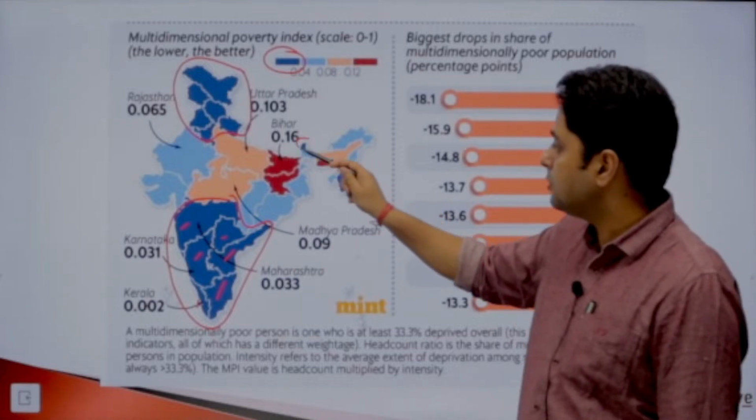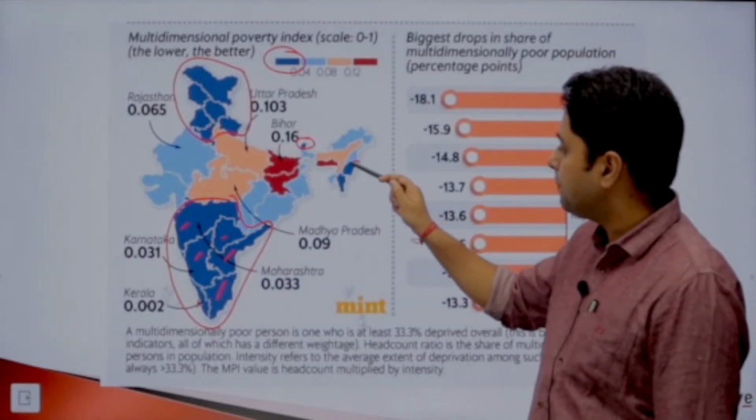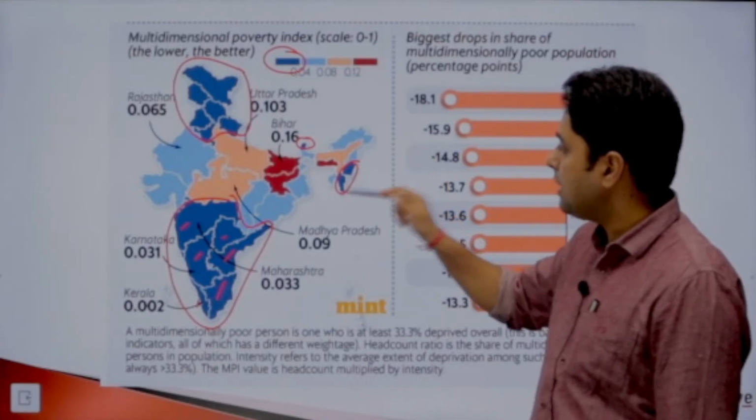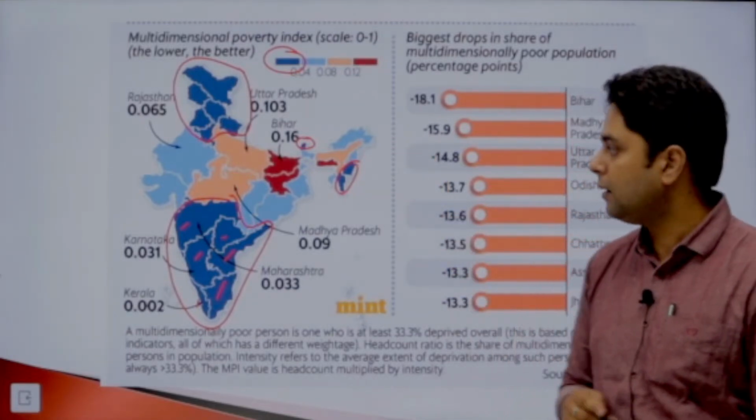Then Sikkim also is very good, and Manipur and Mizoram are also faring well.